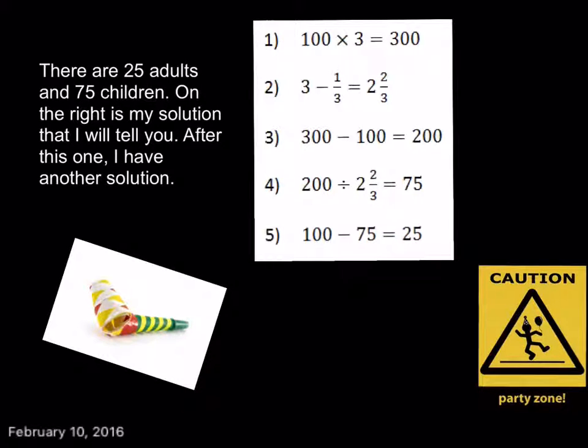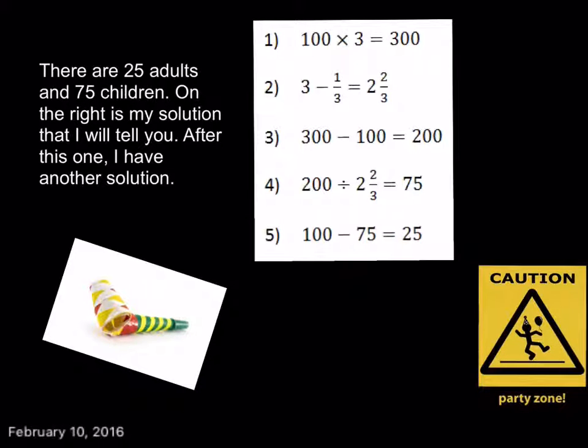So that's how I got the extra 200. So I had to change all of the adults that were changed back to children. So I used division. This step is 200 divided by 2 2/3. After that, I get 75.